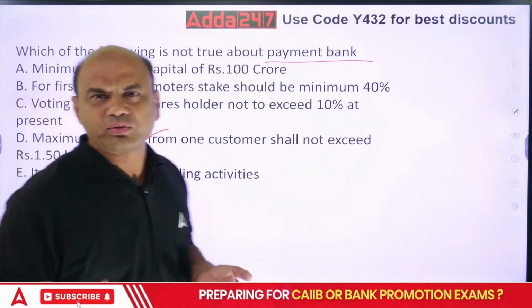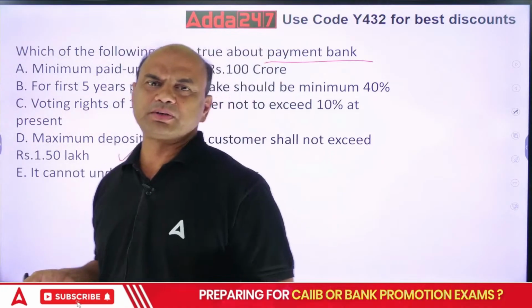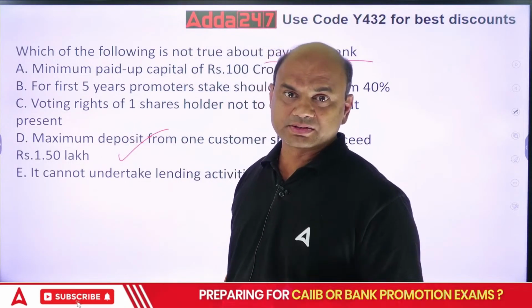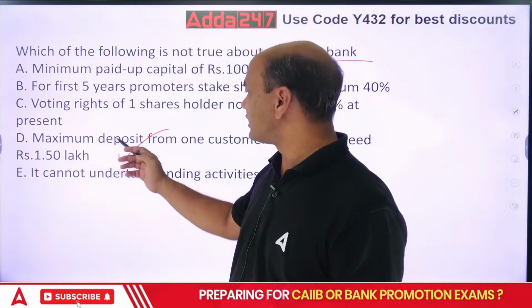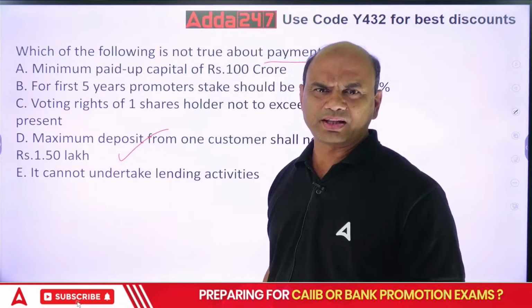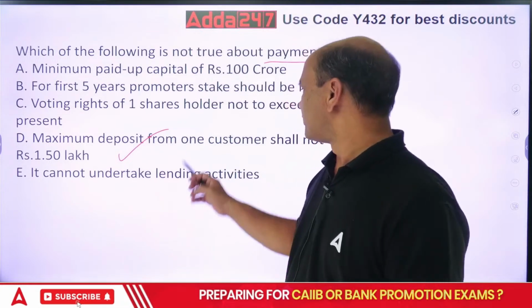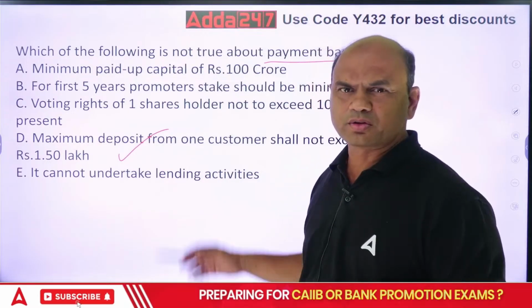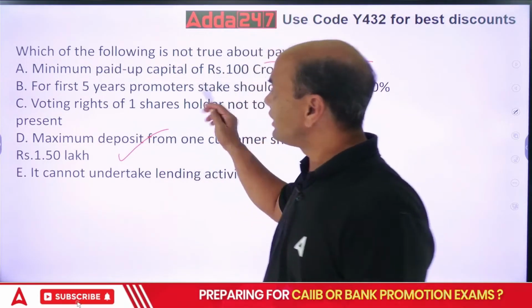Deposit, how can you give a limit for deposit? Because after all, these are private banks, limited companies. So how can you give a maximum deposit of 1.5 lakhs from one customer? That is for Jan-Dhan account, not over here. Remaining all points are correct.